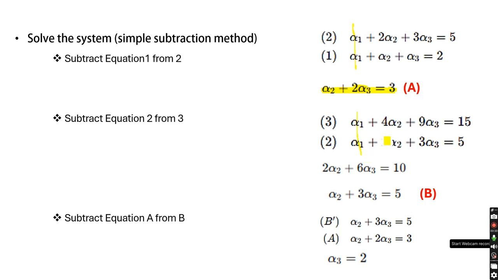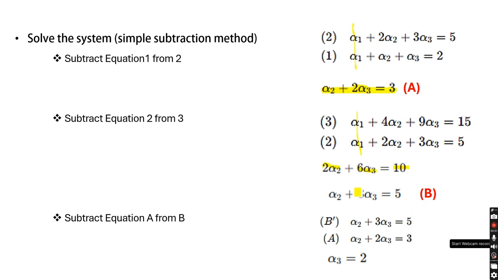And then 4A2 minus 2A2, we have 2A2. And then 9A3 minus 3A3, we have 6A3. So 2A2 plus 6A3 is equals to 10. Tungod kay 15 minus 5, we have 10.